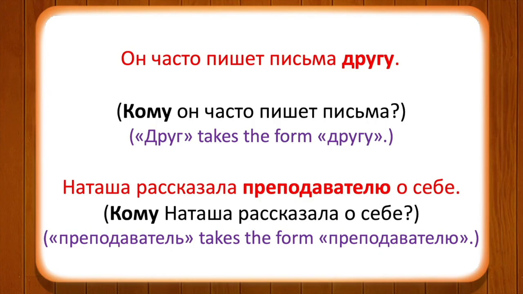Likewise, if we replace the noun from masculine to feminine, from brat to sestra, it would be Ya pishu pismo sestre. So the question is Komu vy pishete pismo? Ya pishu pismo sestre, ya pishu pismo bratu, etc. We have to learn the rules of the grammar in order to communicate efficiently in this case.